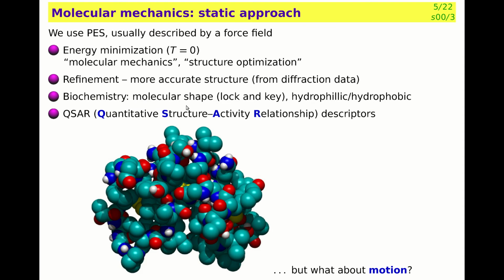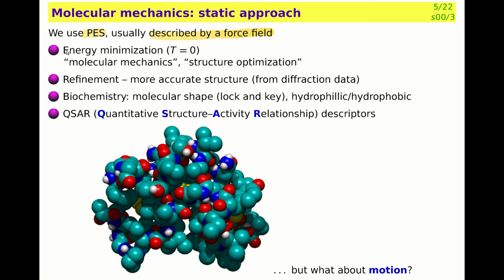So let's start with the simplest approach, which is molecular mechanics and just static calculations. This is molecular mechanics in the strict meaning. It means that we are using the potential energy surface, usually described in the fastest way by a force field.